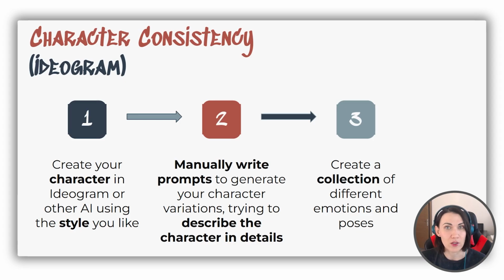Then manually write your prompts, adding as many details as you like. And don't overcomplicate with templates or inbuilt styles. They can ruin your style consistency immediately. This way you can create a whole collection of images of your character in different poses with different emotions and then use it in any creative project.